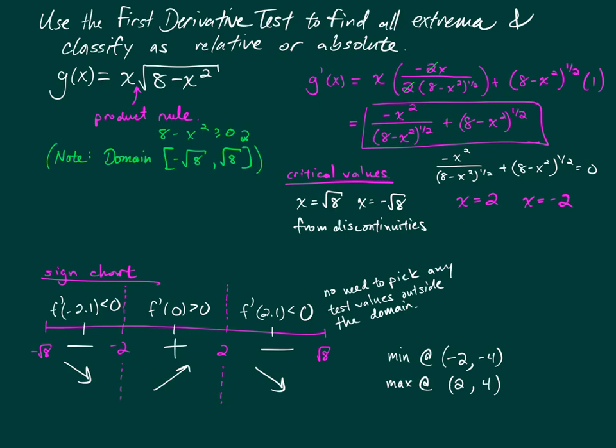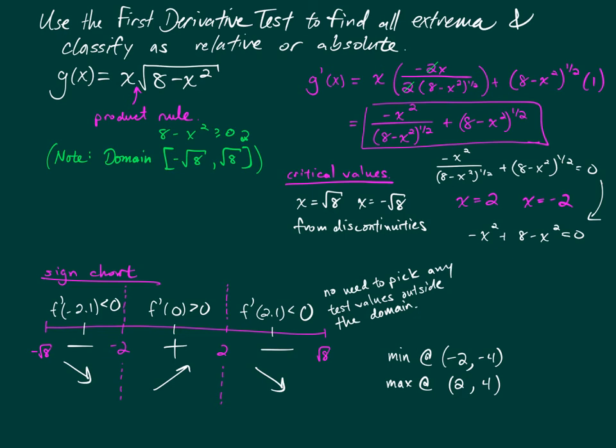And if you do that, you'll end up with an equation that looks something like this. It would be negative x squared plus 8 minus x squared equals 0. And then from there you can solve that for x and see that you'll end up with x equals plus or minus 2. I just have it separated out into positive 2 and negative 2.